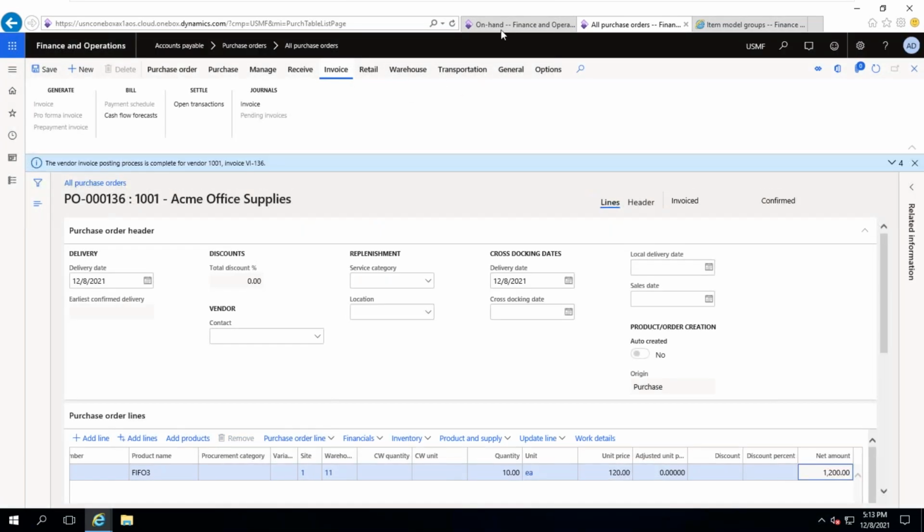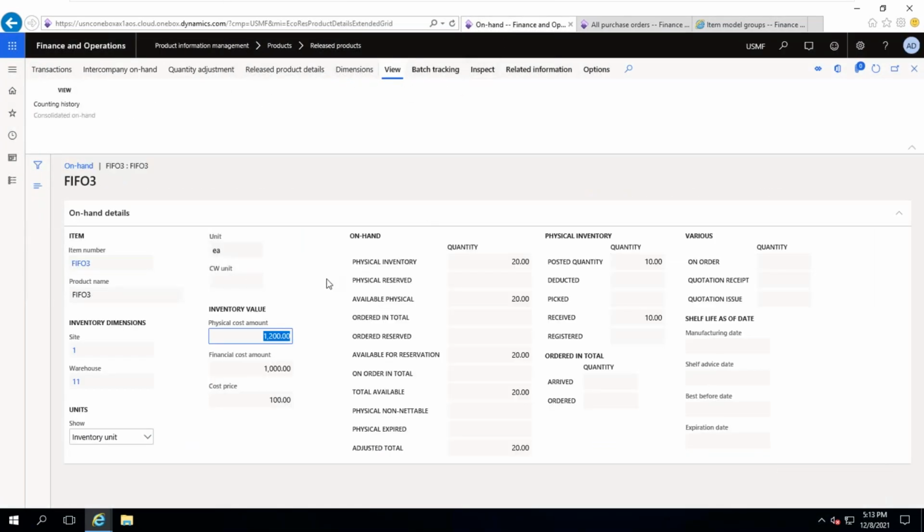Okay, invoice is updated. What are the expected results if I refresh? Any guesses? Financial cost 2,200. Yes. Cost price 110. Okay. Physical cost amount? 0.